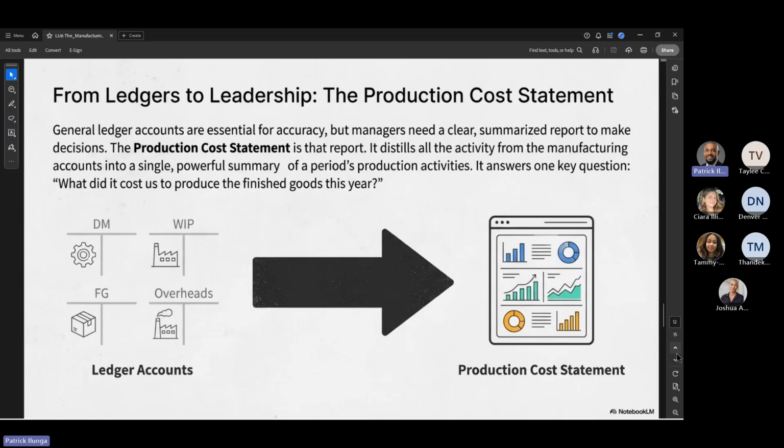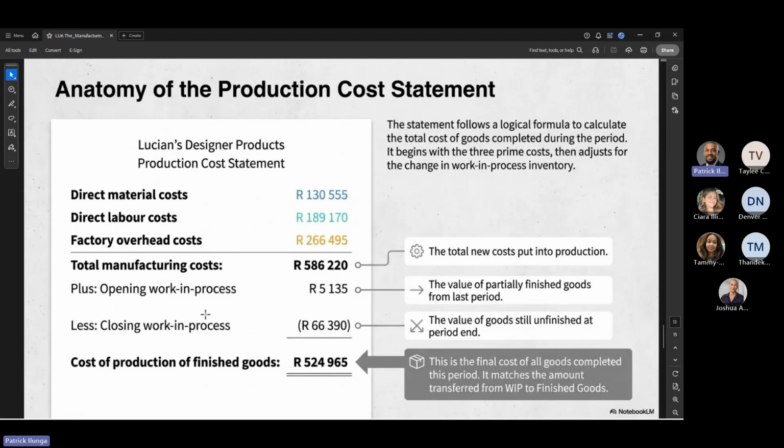And you will see this. This is an example. I love these examples, and I hope it's really helping you visually. But let's look at the production cost statement. What is happening there? You have the direct material cost, you have the direct labor cost. That reminds you, right? Those three, who are they? The three musketeers, right? Direct labor, direct material, factory overhead.